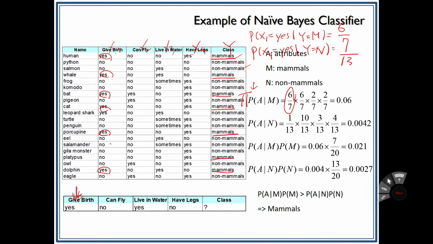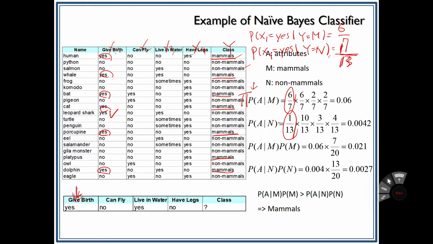There is only one observation having yes on x1. So the probability is 1 over 13, and that corresponds to this one.